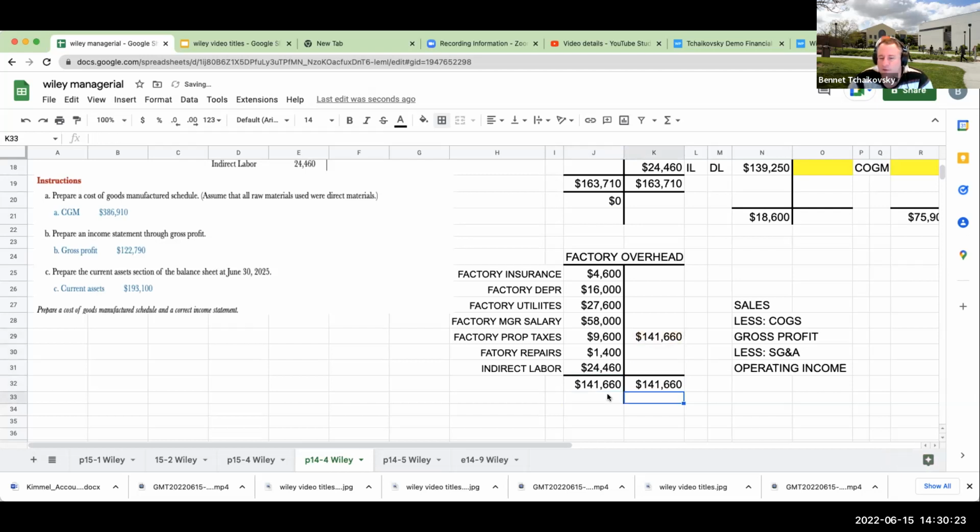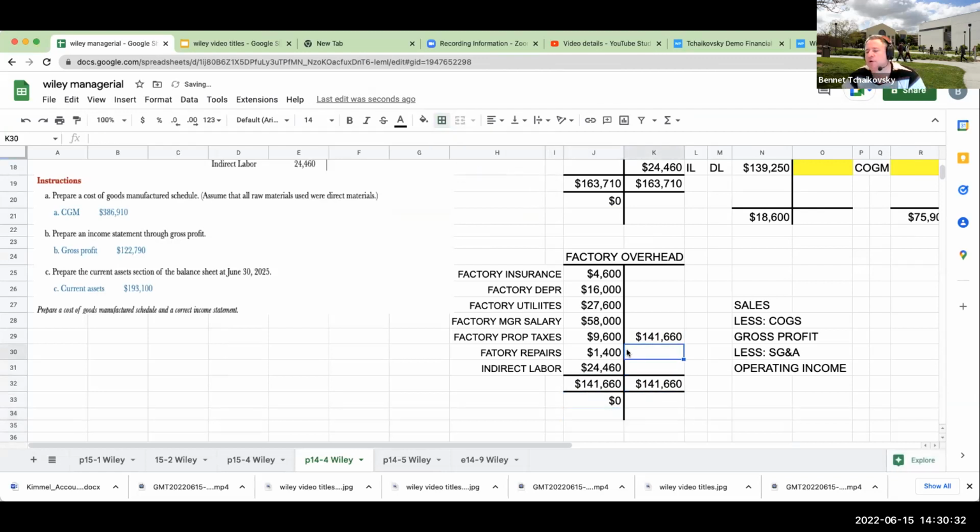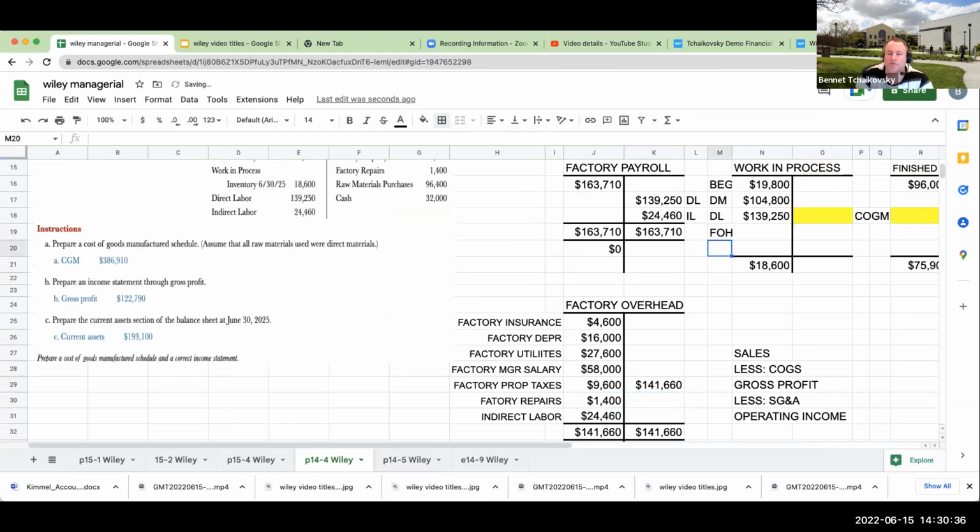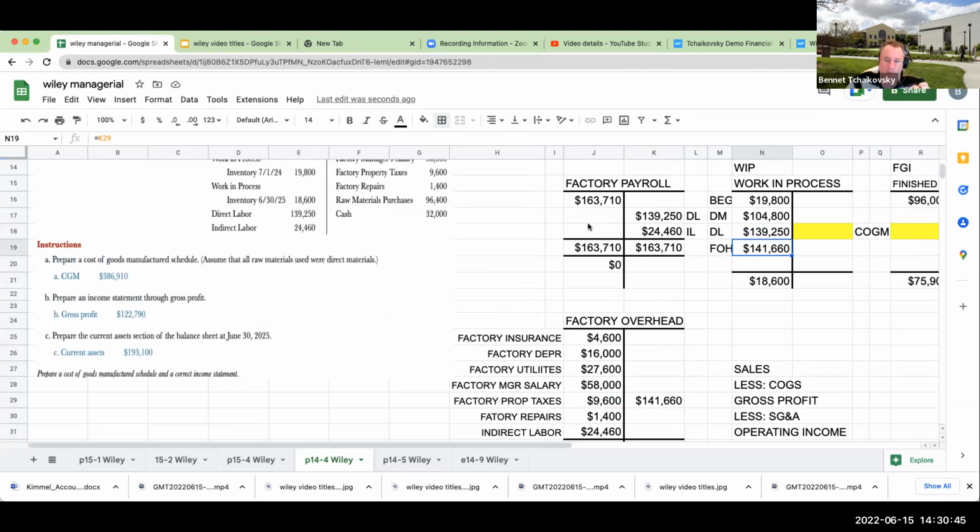Once I do this, this is now going to have a 0 balance, which is what I need. And we'll see in job order costing how this is going to get changed up a bit. But for right now, my factory overhead is going to be right over here. So this factory overhead leaves here and goes into work in process. Factory payroll and factory overhead have to have zero balances.